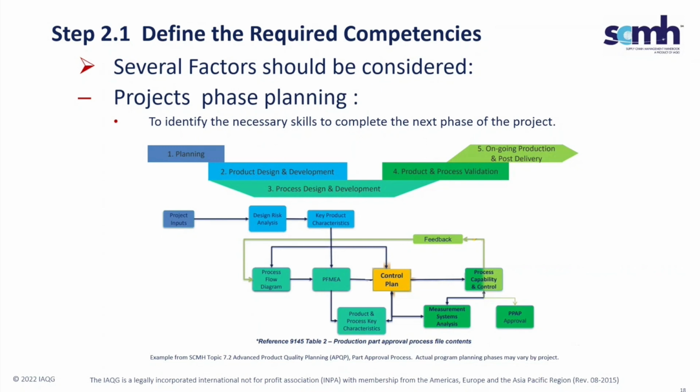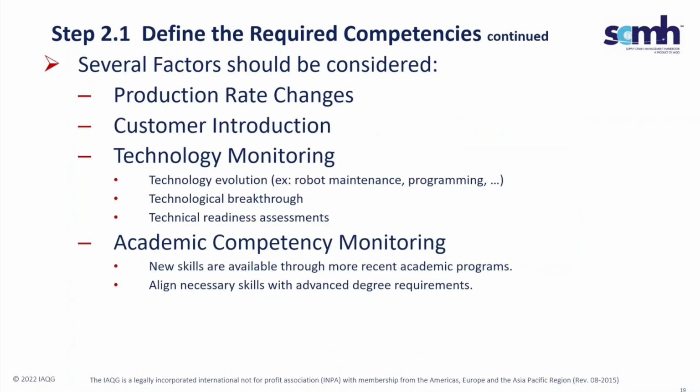And as you can see on the bottom, the tasks differ from each phase, and so the required competence changes from one phase to the other. So I give the floor now to Dave, my co-presenter.